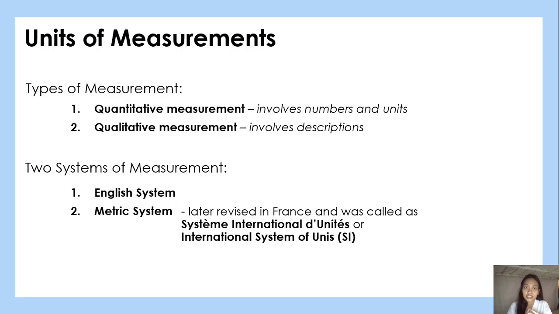This metric system was later revised in France and called the Système International d'Unités, meaning SI, or the International System of Units. That is the most commonly known system that we are using right now.